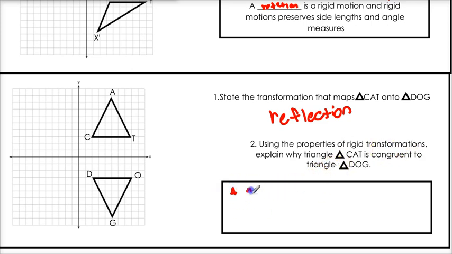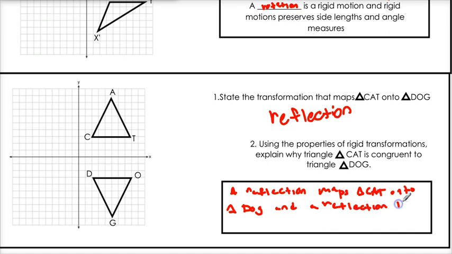A reflection maps triangle CAT onto triangle DOG, and a reflection is a rigid motion and preserves the side lengths and angle measures.